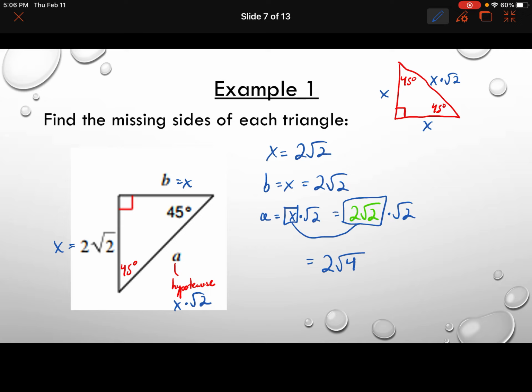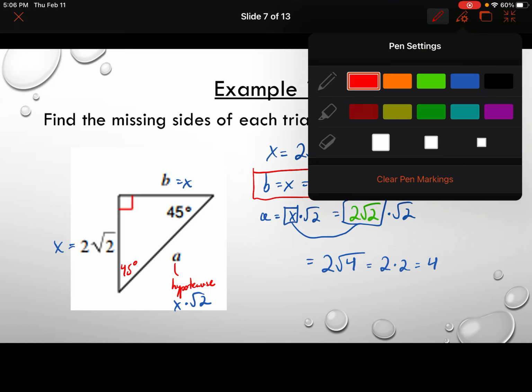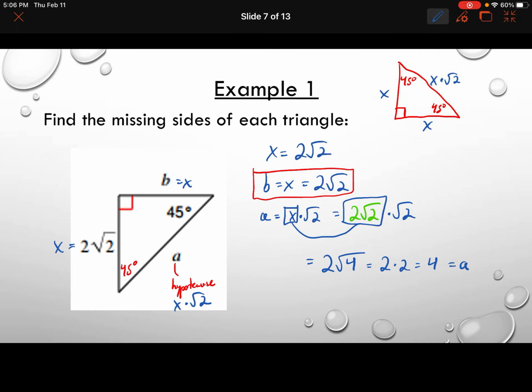So we can actually simplify this further. Square root of 4 is just 2, so 2 times 2, so our final answer is 4. So there you go. b is equal to 2 square root of 2, and a is equal to 4.